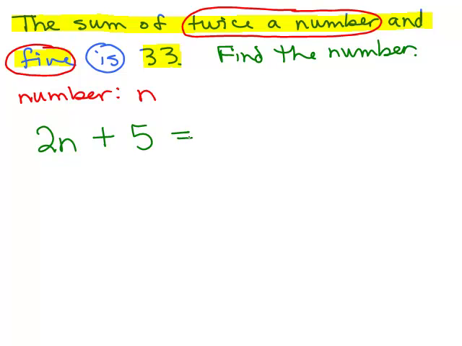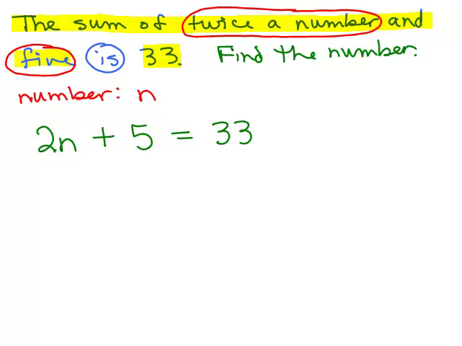So we're going to do the equal sign, 33. And there's your equation. So we're using some new words, sum, and we have to be careful. It gets kind of confusing. If you're saying the sum of something, you've got to have the word and in there someplace, because it's got to be like the sum of 5 and 3 would be 8, for instance. There's got to be two parts to it.